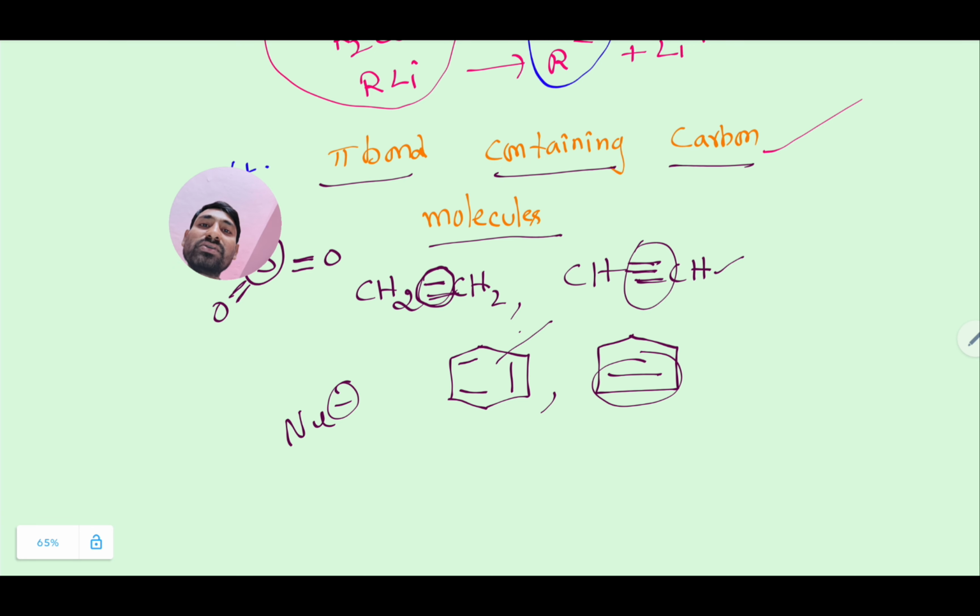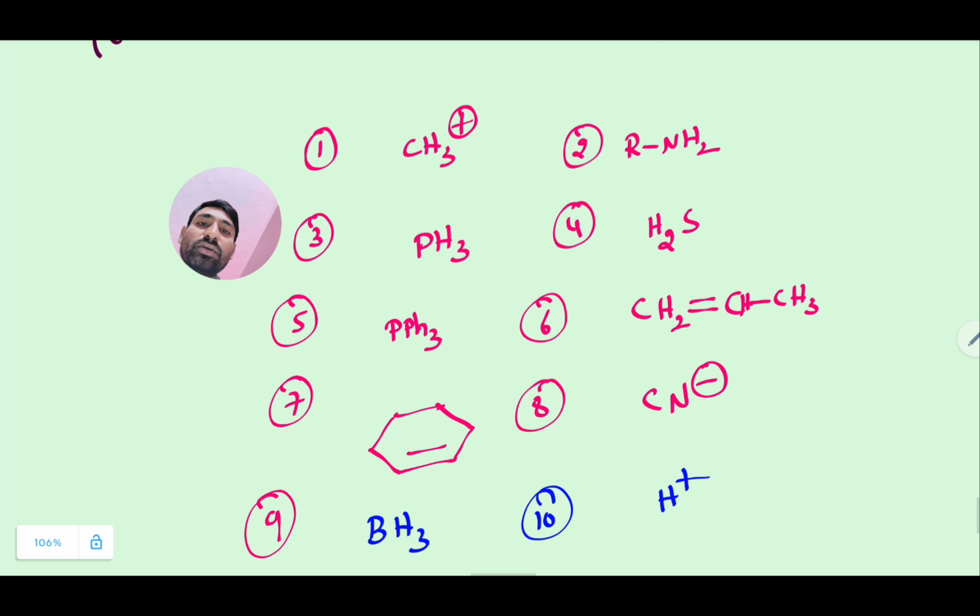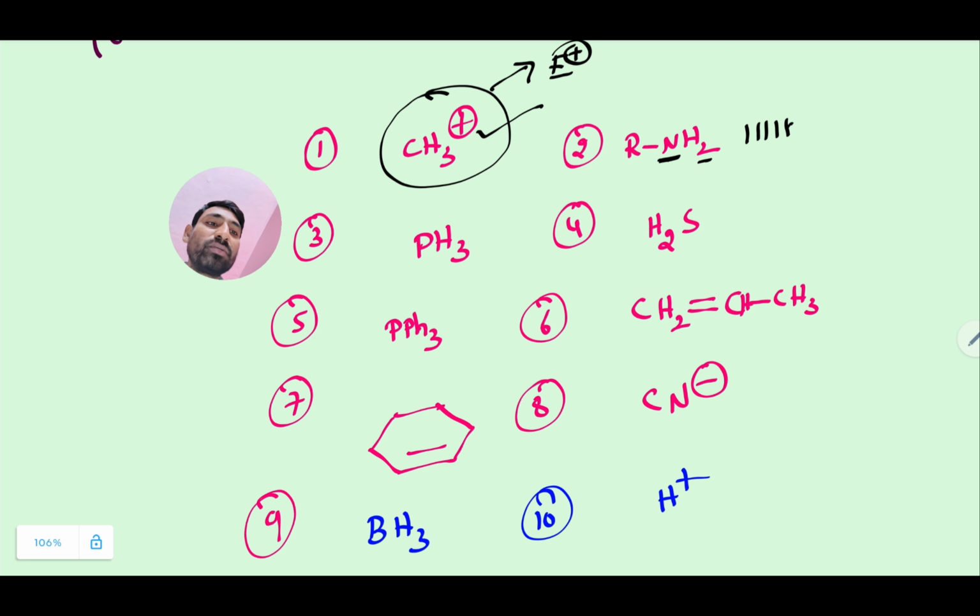Now let's move to certain questions. Look here, how to take these examples. First, it is a positively charged species, so it can accept electrons, so it acts as an electrophile. In the second one, nitrogen is the central atom, so 5 electrons. Here 2 hydrogen bonds and 1 alkyl bond are there, so we strike those. Then the remaining 1 lone pair is there, so it acts as a nucleophile.